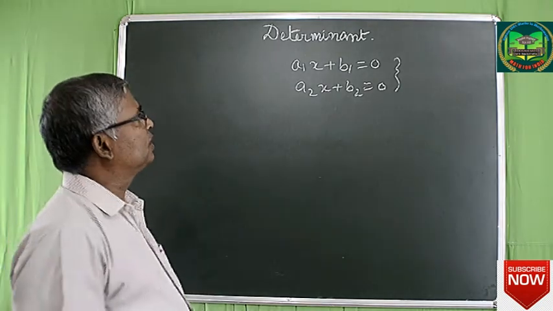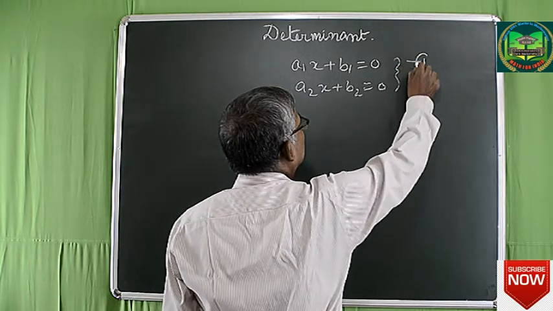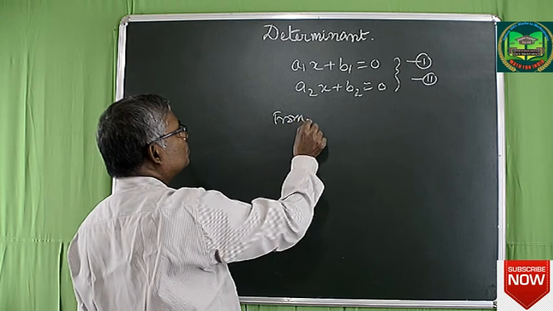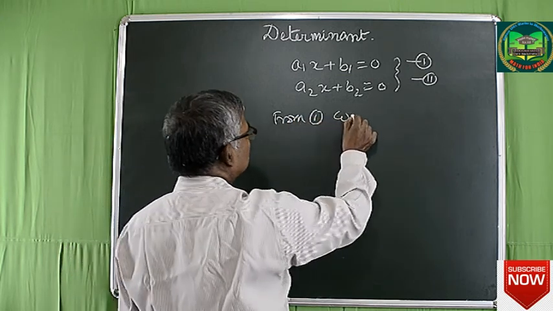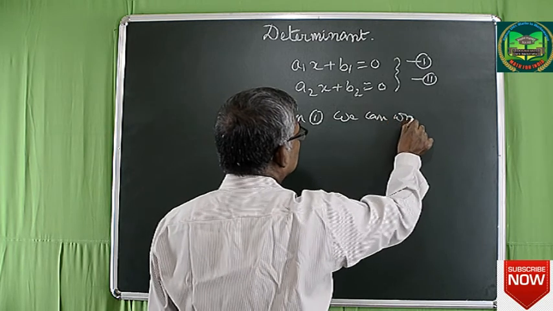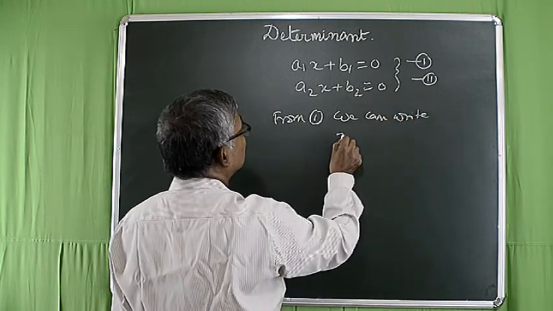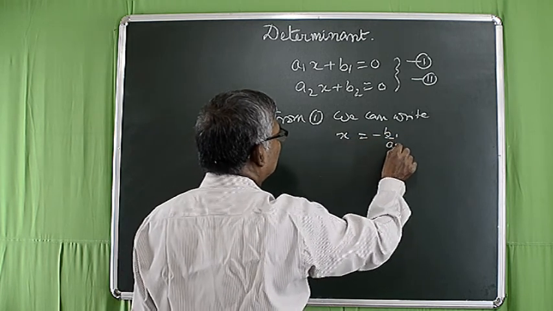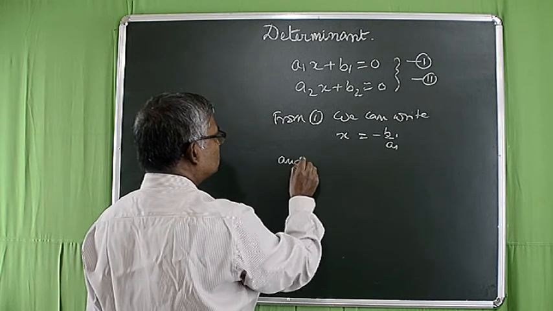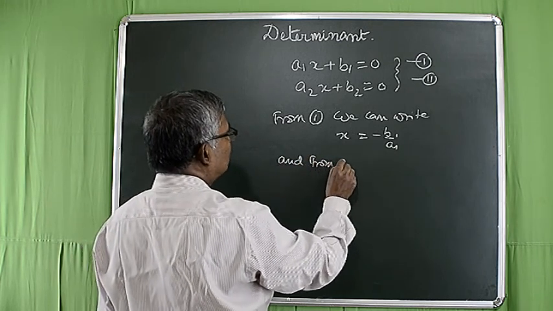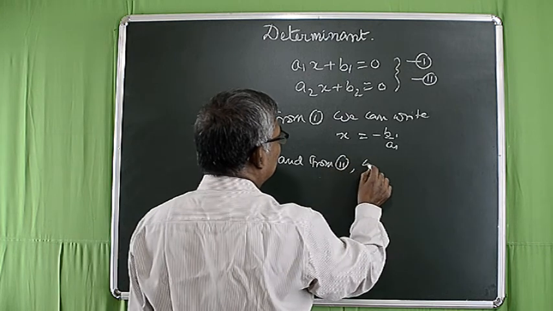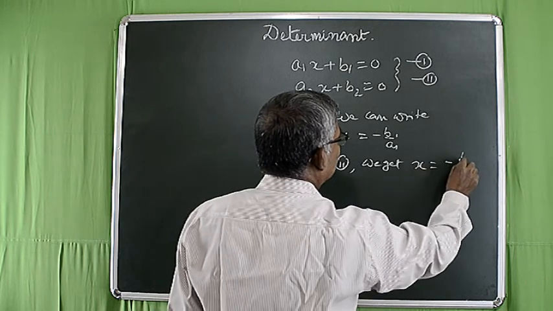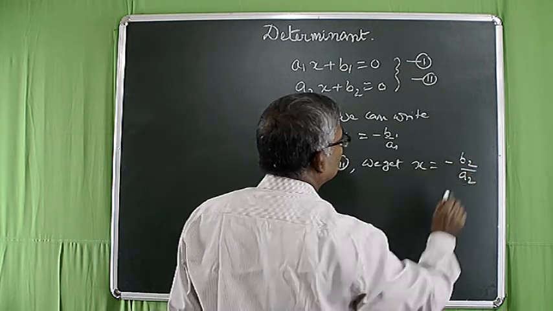So from equation 1 we can write x = -b1/a1, and from equation 2 we get x = -b2/a2.